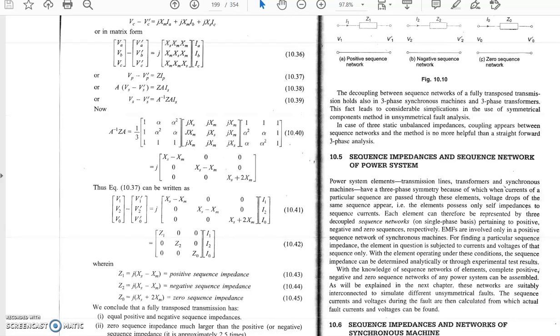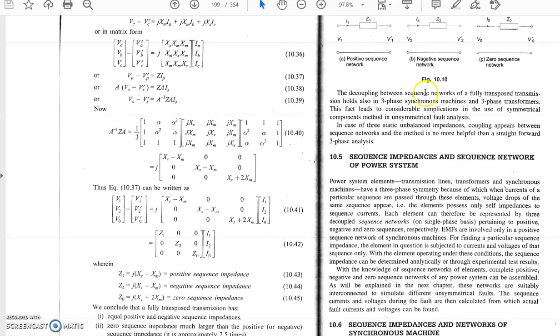Similarly, if we interchange any two phases, A, C, B, the transmission line will offer the similar impedance, xs minus xm. But if we provide a zero sequence supply to the transmission line, meaning all the phases are co-phasal, then the impedance offered by the transmission line is different, greater than the positive and negative sequence impedances.